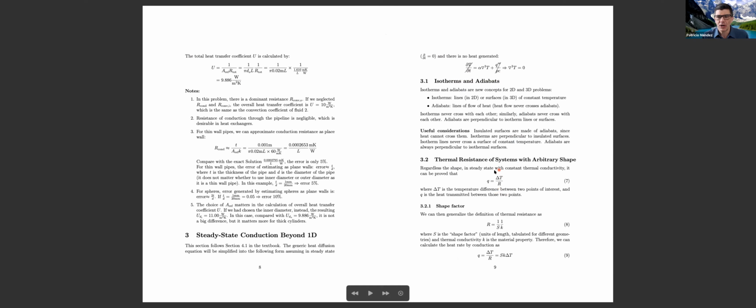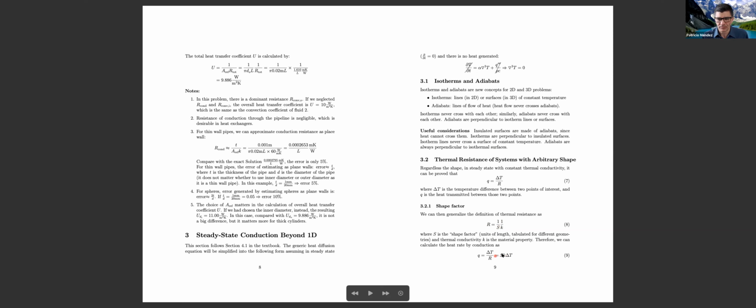So we know how to work with resistance, and we define the resistance now based on a shape factor and a thermal conductivity. This would apply to every other thermal resistance we have seen so far.